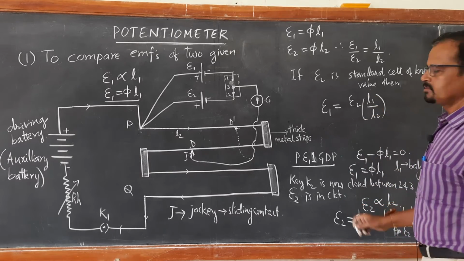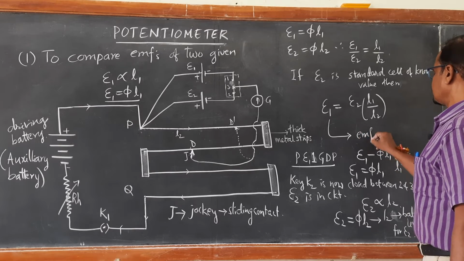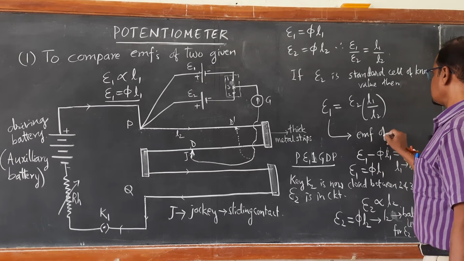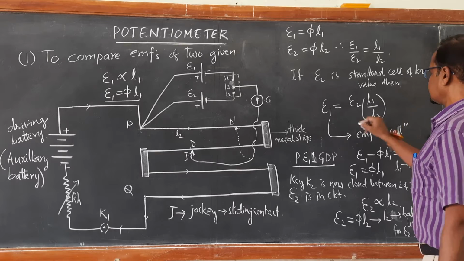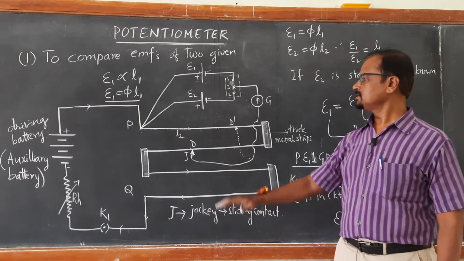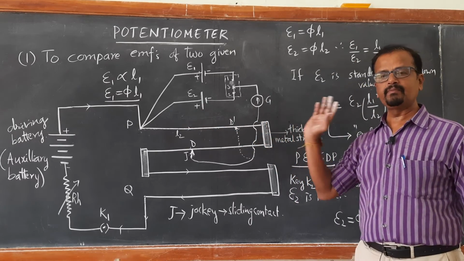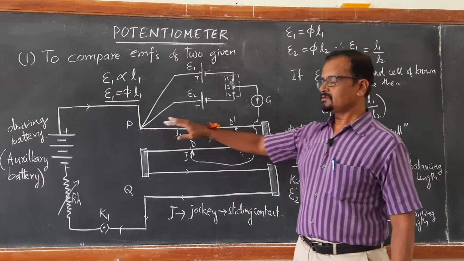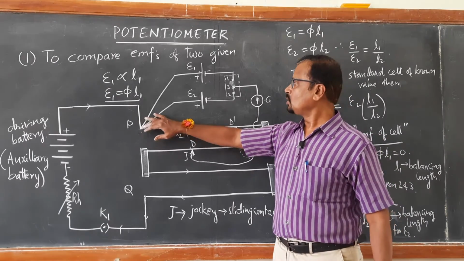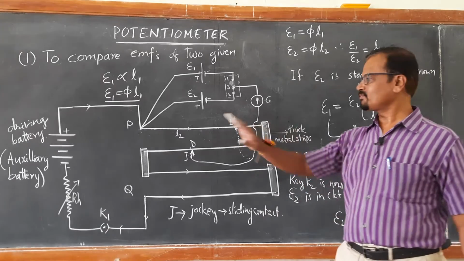So that's how we calculate the unknown EMF of a cell. The very important thing here is when we adjust it for balancing length, for which the galvanometer reads 0 deflection, no current flows through this circuit.